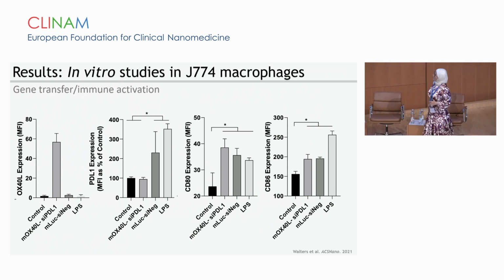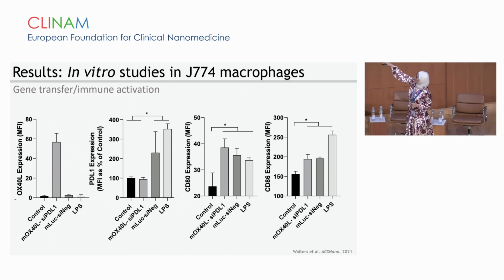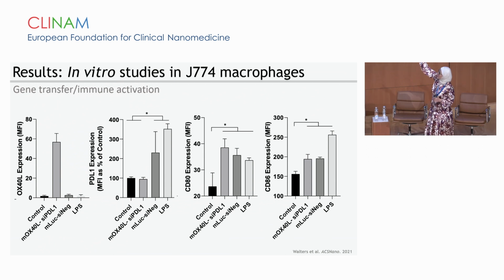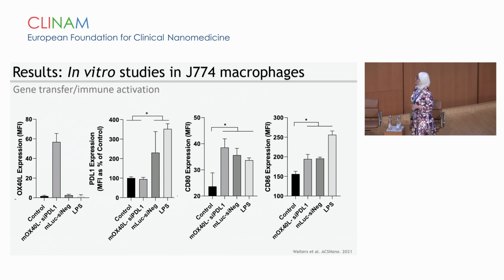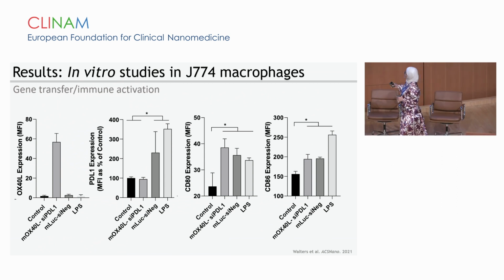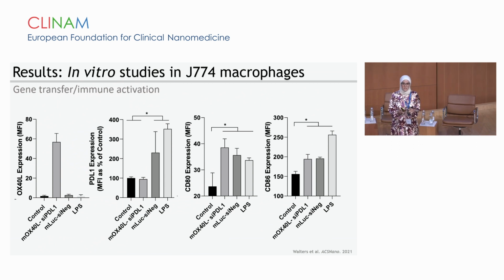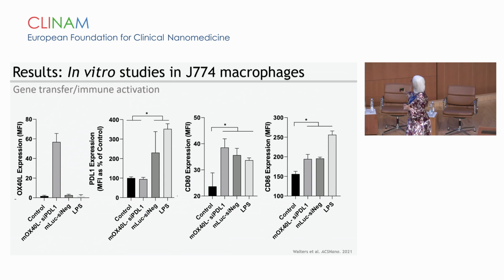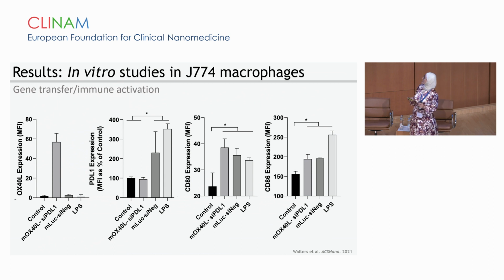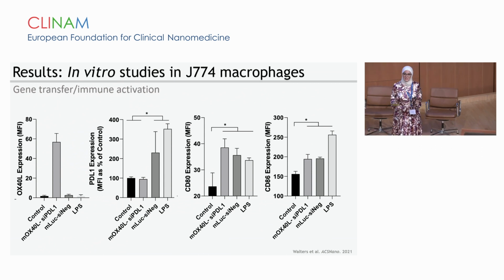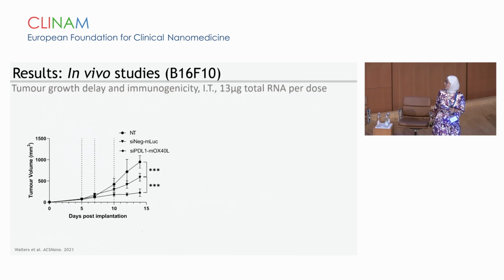The first observation was the dark gray color, where we used negative mRNA for mLuc and the siRNA, and you can see there is high expression of PD-L1, comparable to what you get with the LPS. We also looked at the activation, and we found that regardless of what you put in these lipid nanoparticles, whether your specific nucleic acid or scrambled one, you also have activation of the macrophages, so you have high expression of CD80 and CD86. We didn't neglect that, but this was to us at that time a problem.